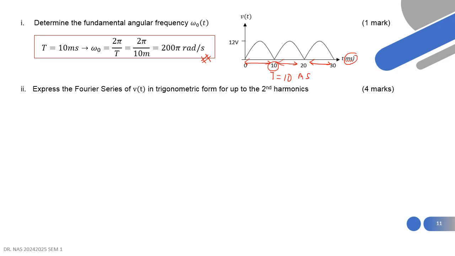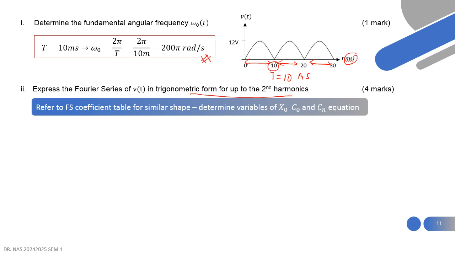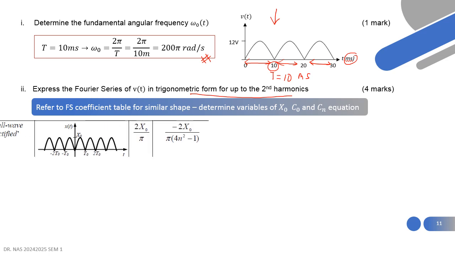Okay, the second question, you need to represent the Fourier series of Vt in trigonometric form for up to second harmonics. Remember, you need to consider both the positive and negative values of n. Okay, so for the given signal, to get the equation, you need to compare the given signal with the signal in Fourier series coefficients table.